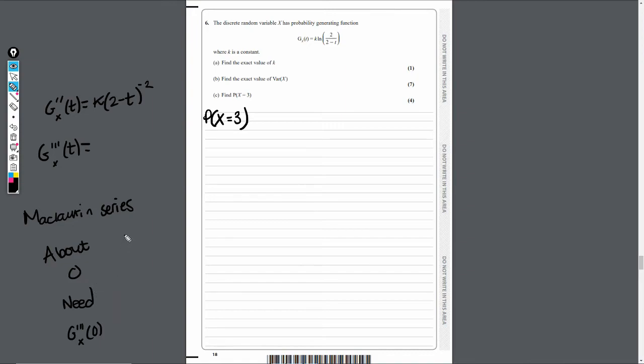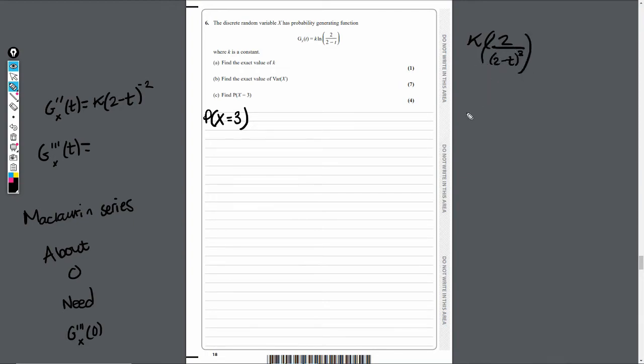So doing all this now, the derivative will be, if I do it over here just so I've got enough room, it's going to be k lots of 2 over (2 minus t) all cubed.